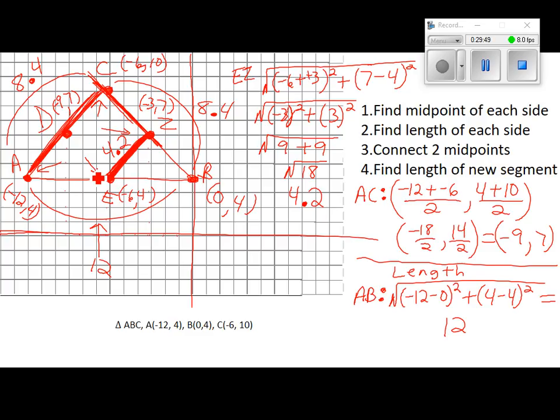Now let's do this. Connect D to Z. Because Mackenzie had so much trouble plugging that into her calculator, we're going to help her out. How long is segment AB? 12. Do we really have to go through that whole distance formula to find the length of this segment DZ? If this whole thing down here is 12, how long is that? It's half of that side.